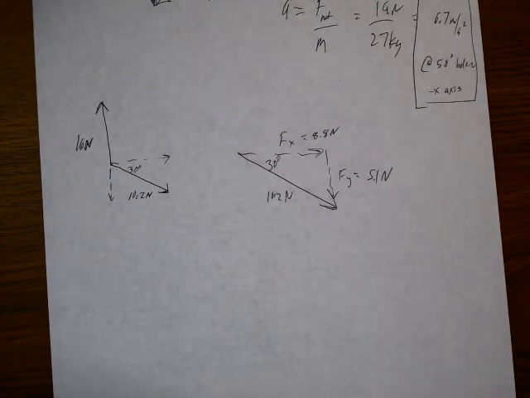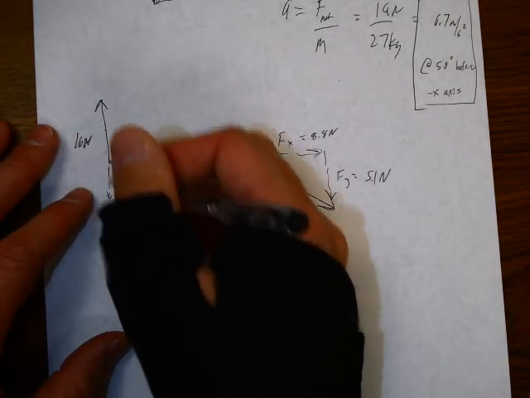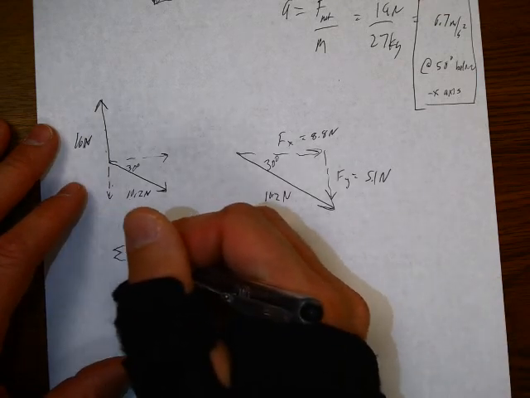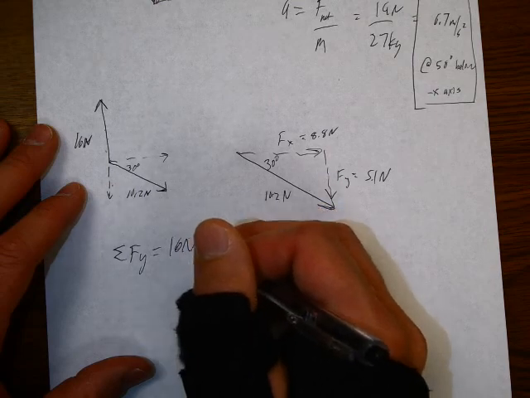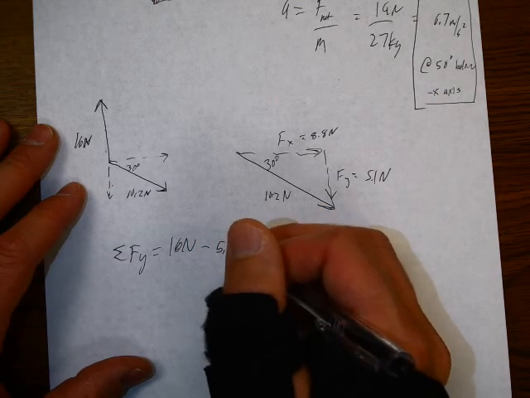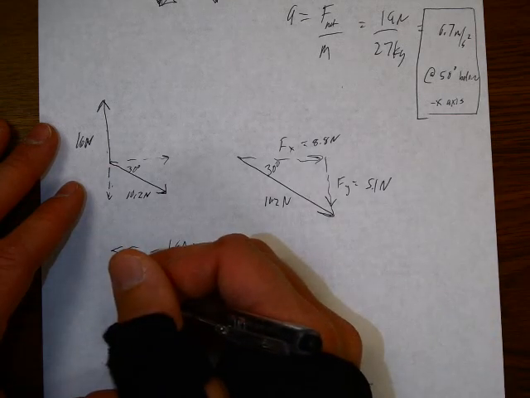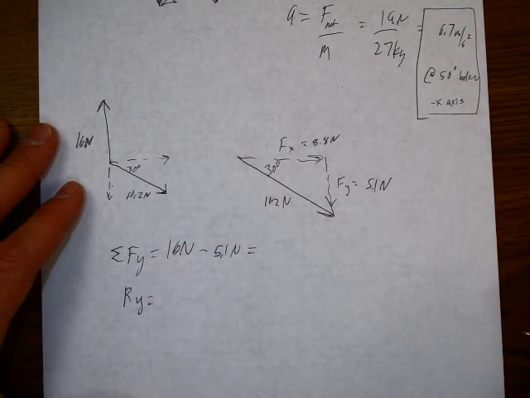Which means my total force then is, notice this one and this one are in opposite directions. So I need to subtract for the sum of the forces in the y direction. I've got to go 16 newtons upward minus the 5.1 newtons downward. Or you could call this the resultant in the y, is what we were calling it when we were doing vectors.